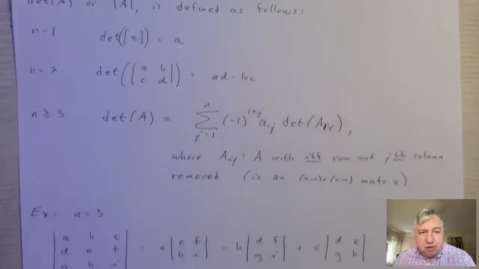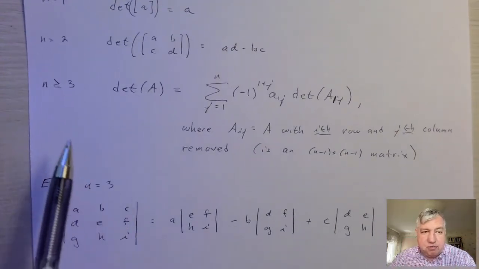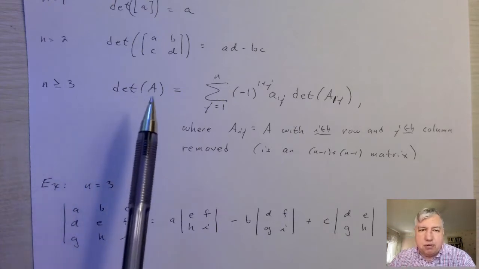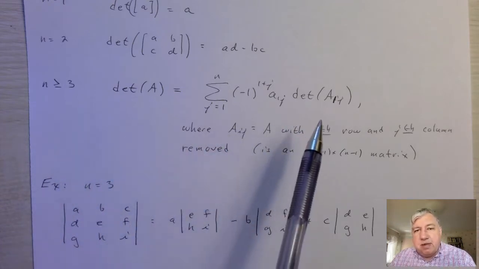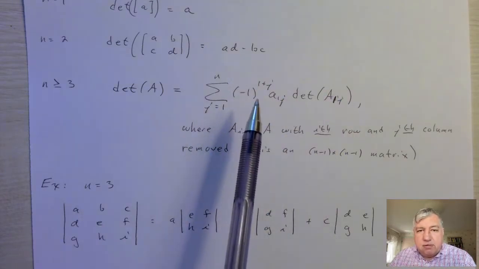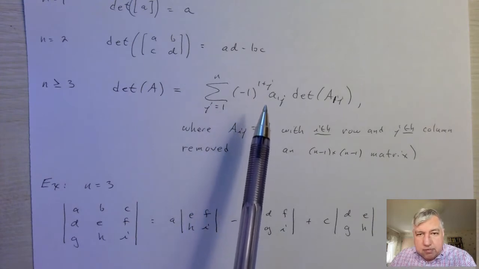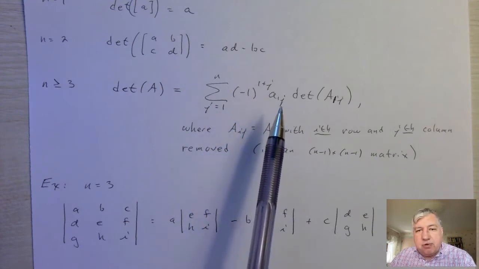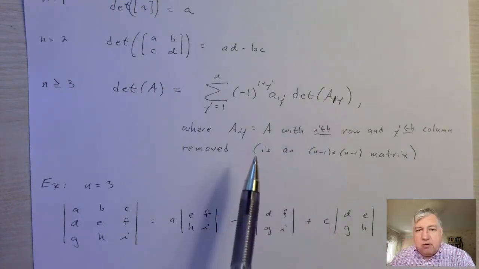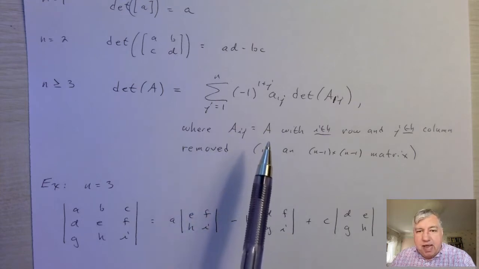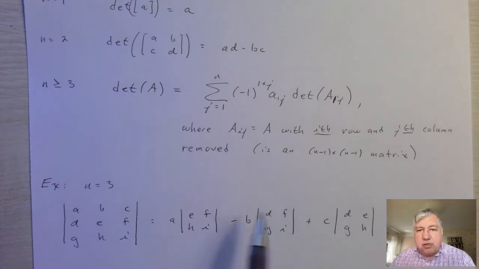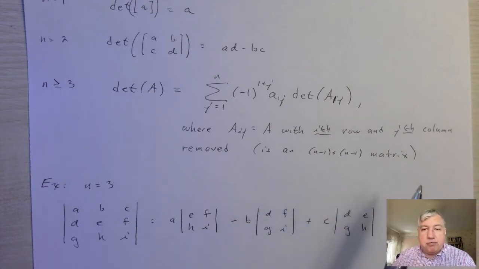In particular, if n is greater than or equal to 3, we define the determinant of A to be the sum over j of (-1)^(1+j) times the 1j entry of A times the determinant of A_1j, where A_ij is just A with the ith row and the jth column removed, and as a result it's an n minus 1 by n minus 1 matrix.